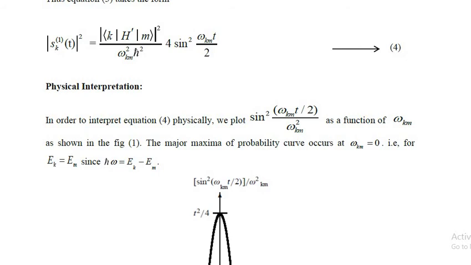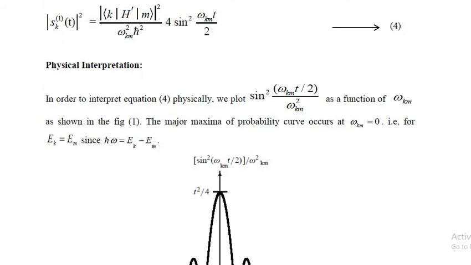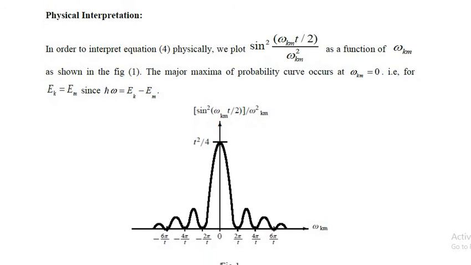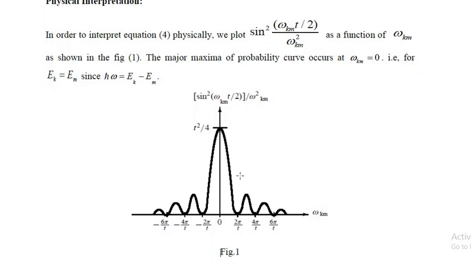If you see this figure, the major maximum of the probability curve occurs at ω_km equal to 0. So you can see here, at ω_km equal to 0, you are getting the maximum peak for E_k equal to E_m. Since ħω is equal to E_k minus E_m, if you substitute ω equal to 0, you will get E_k equal to E_m.